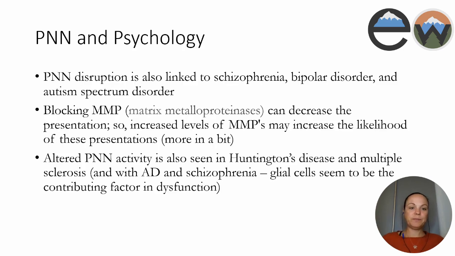Okay. A little bit on psychology, and I'm going to sprinkle just some of these things in here. This is really to overlap with our population, to show that I think we're all talking about the same thing here. Maybe we can regroup at some point. But this perineural network disruption is also linked to schizophrenia, bipolar disorder, and autism spectrum disorder, which we have links for in hypermobile EDS, and hypermobility in general, I should say, across the board.